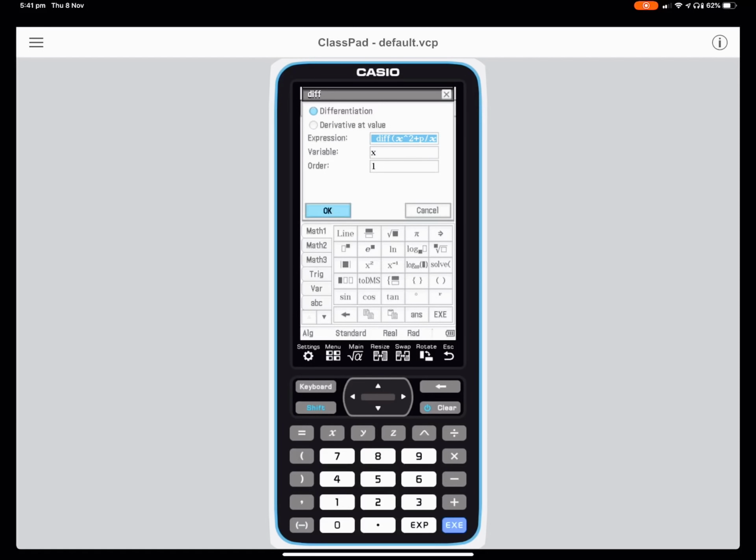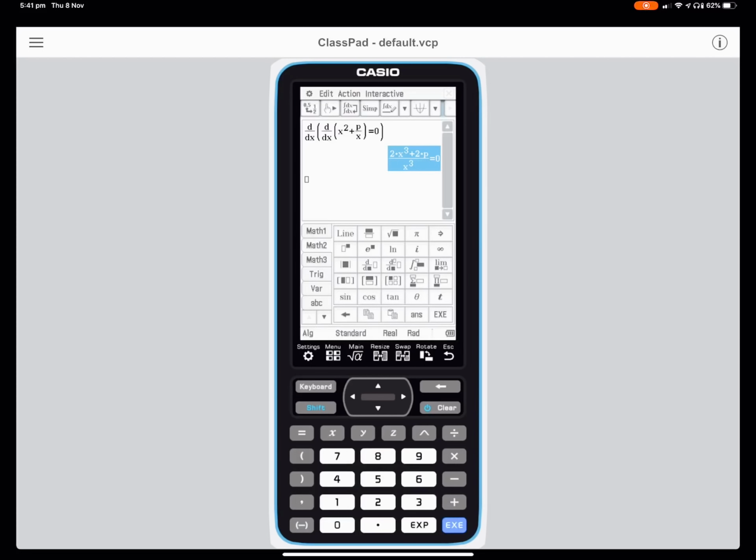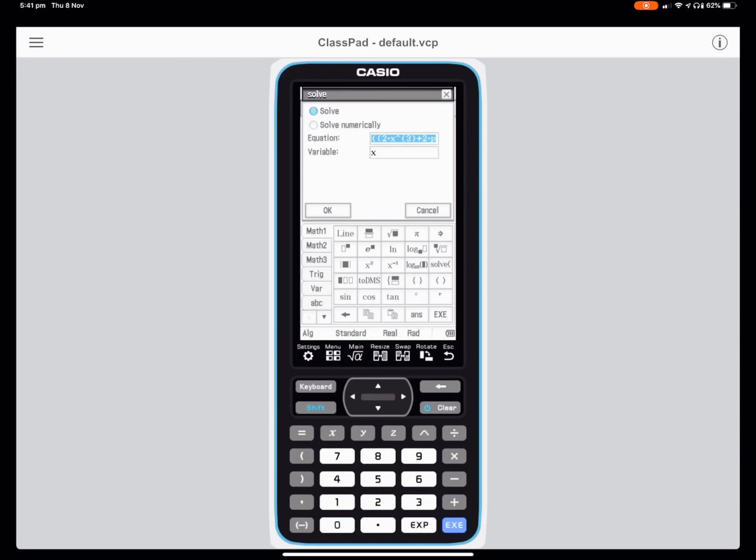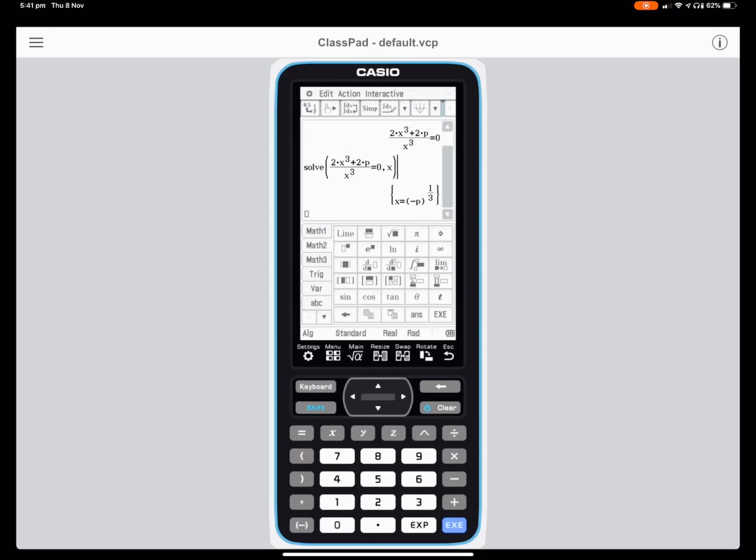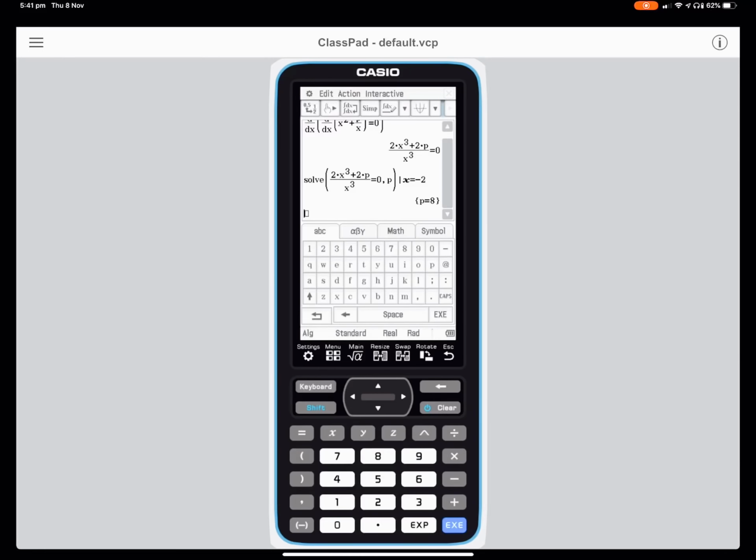Calculate the derivative, and then solve, but given x equals negative 2, and solve for p. P is equal to 8, assuming I didn't stuff anything up.